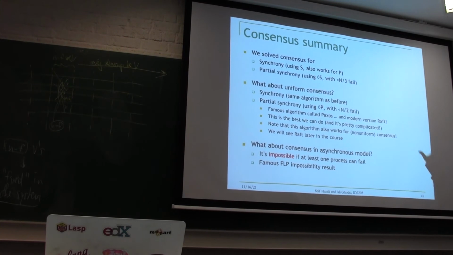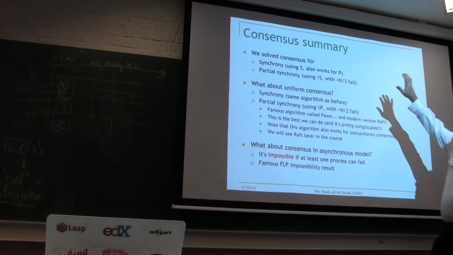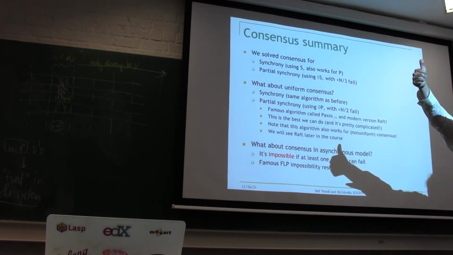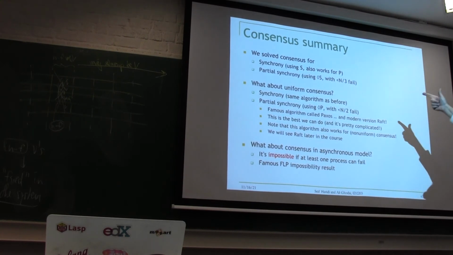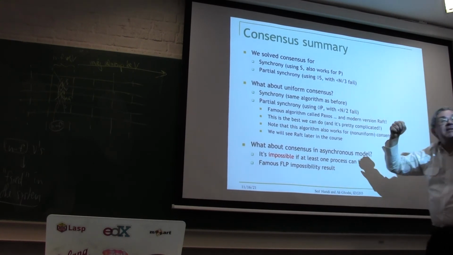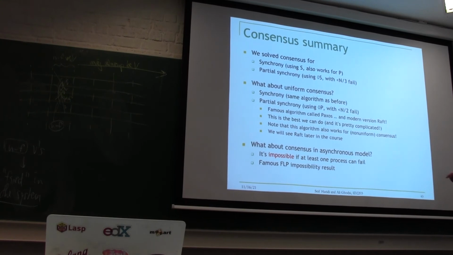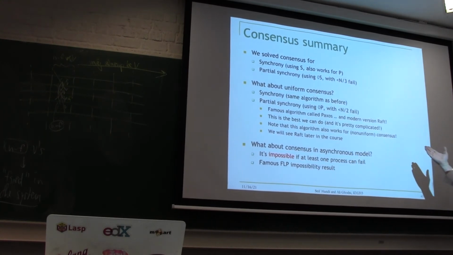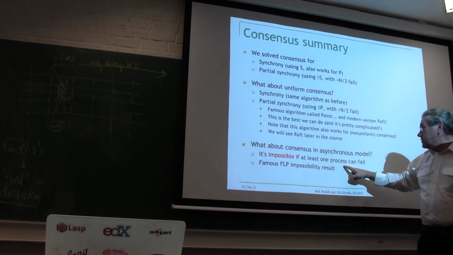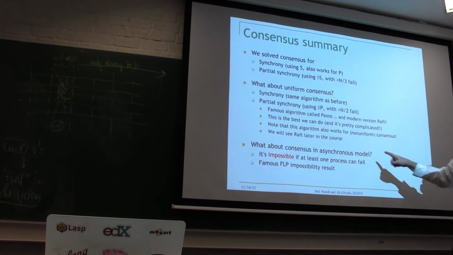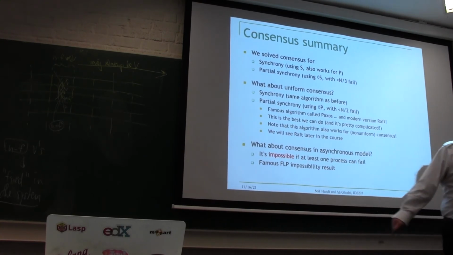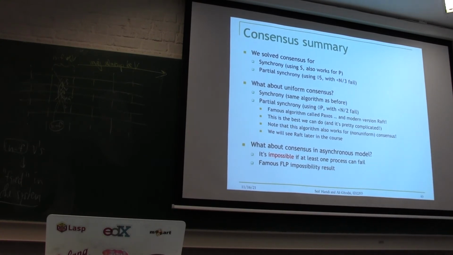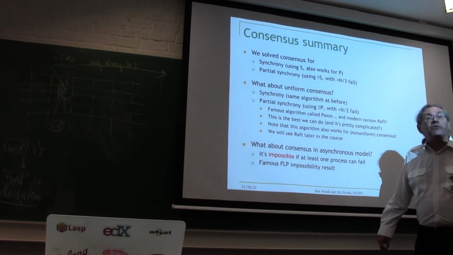So consensus works for synchronous systems with n minus 1 failures, for partially synchronous systems with less than n over 2 failures, and it doesn't work in asynchronous systems, which we saw already in the first lecture. If at least one process can fail and you're in an asynchronous system, you can prove that you cannot, in general, solve consensus.